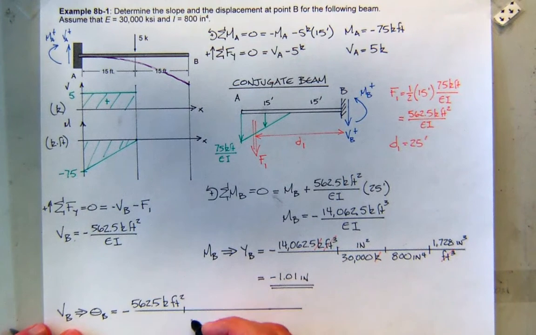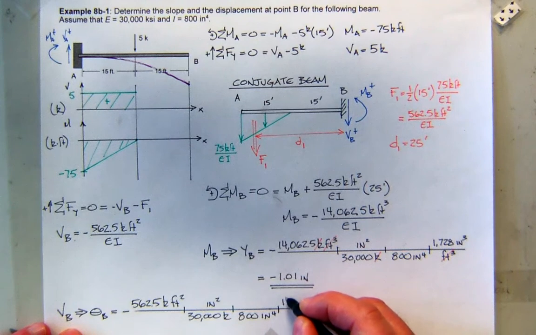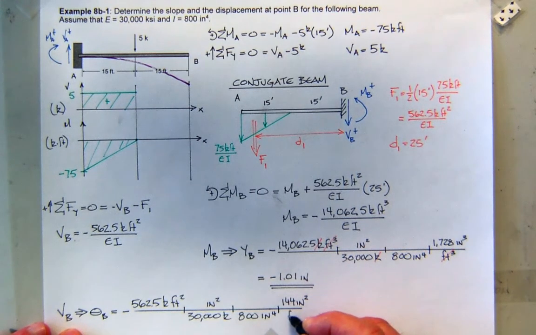We're still going to divide by E, which is 30,000 kips per inch squared, and I, which is 800 inches to the fourth. But now I just need to convert feet squared. So that would be 12 inches in a foot, squared is 144 square inches in a square foot.